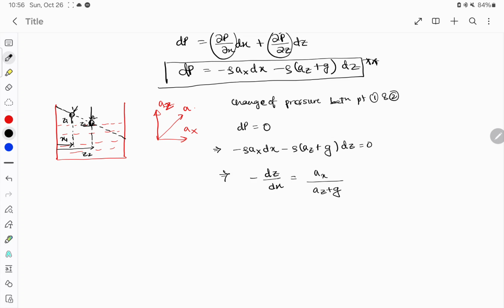Now see, from point 1, what is dz? Dz is z2 minus z1, and dx is x2 minus x1. This is basically integrating the above.